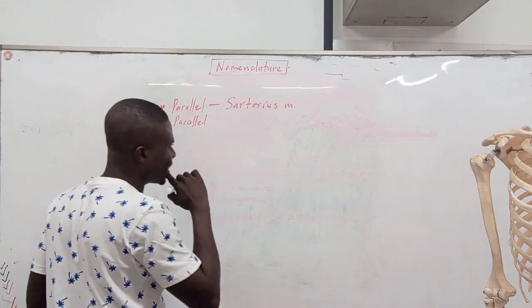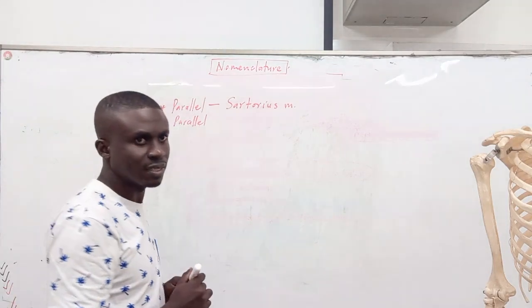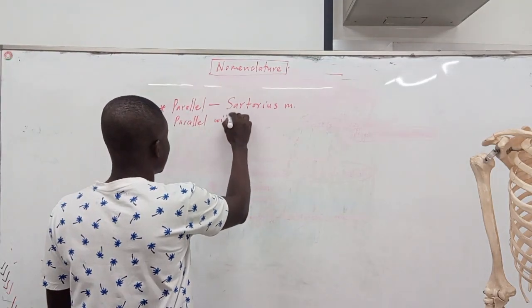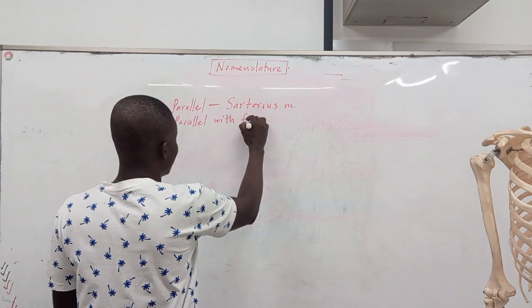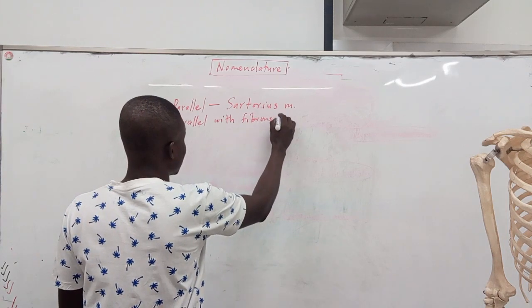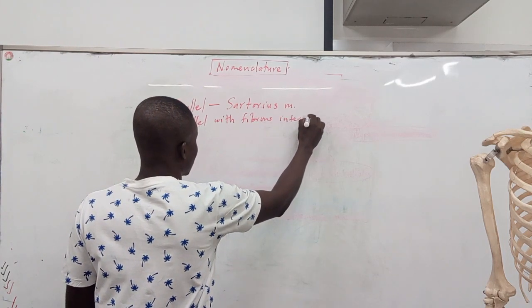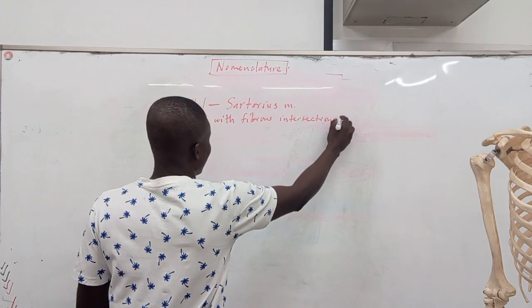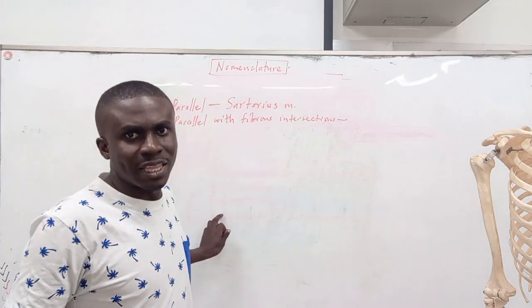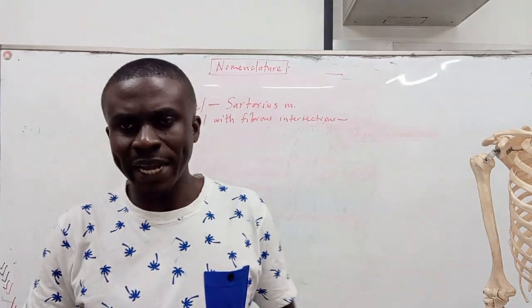Sometimes you may have the same parallel arrangement, but the fibers will be intersected with fibrous bands, or let me say fibrous intersections. There's this classic muscle that we find.